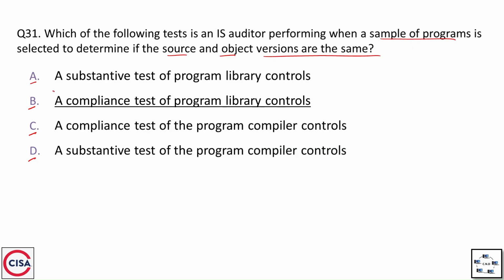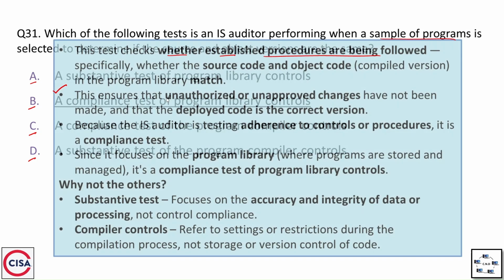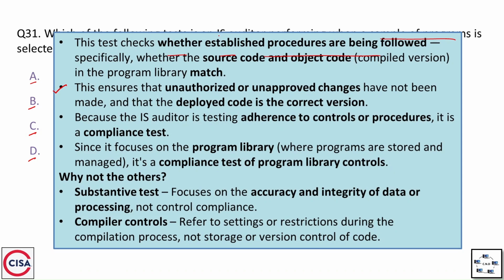option B, a compliance test of program library controls. This test checks whether established procedures are being followed, specifically whether the source code and the object code, that is the compiled version, in the program library match.